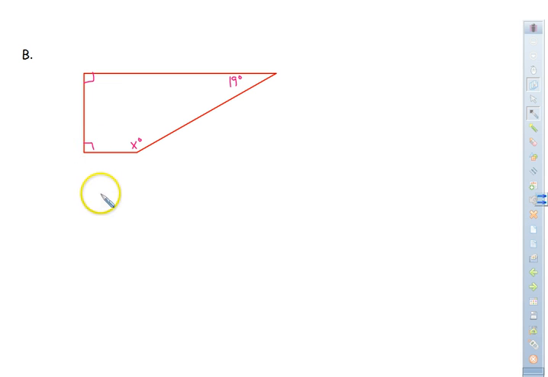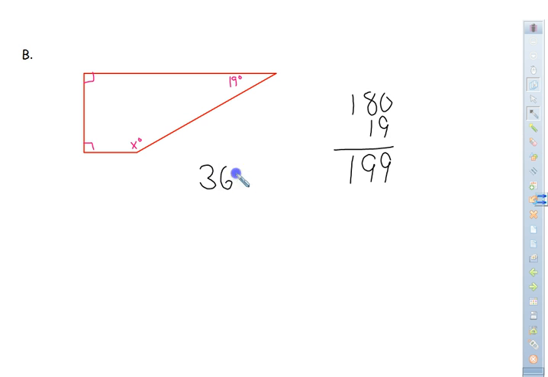Alright, so now what we have is 90 degrees and 90 degrees. Hopefully all of you saw that these two angles, since they didn't give you an actual angle, always represent 90. So 90 plus 90 is 180, plus 19 more is going to give me 199 degrees. Now we're going to subtract that from 360 degrees.